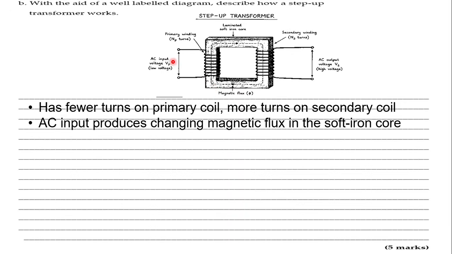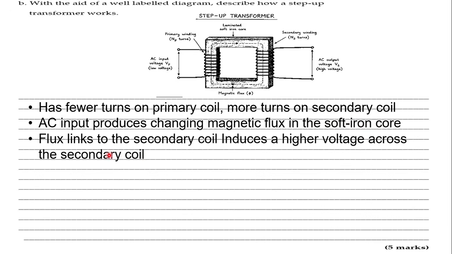DC cannot do that. So you need AC for that reason. So the flux links to the secondary coil and induces a higher voltage across the secondary coil. So a higher voltage is induced over there.